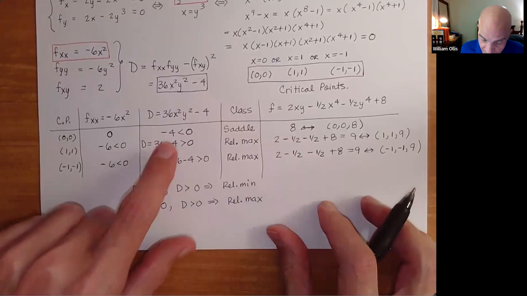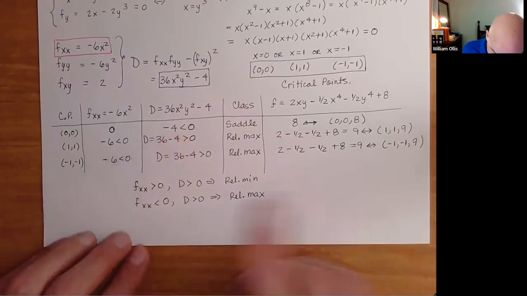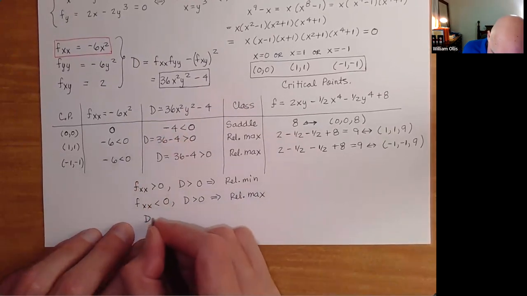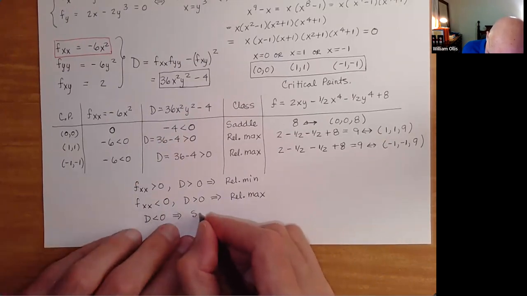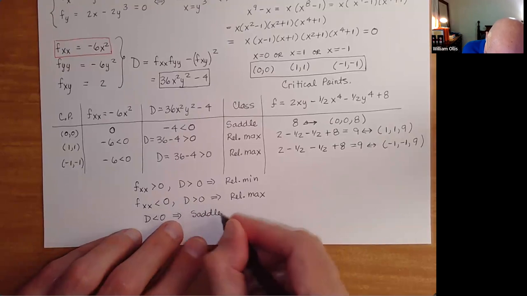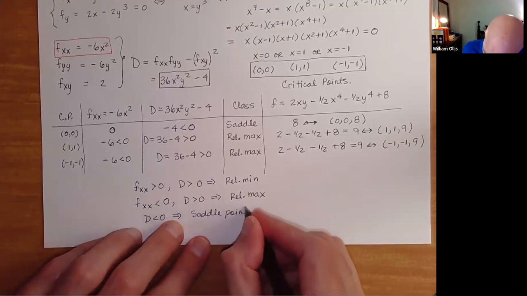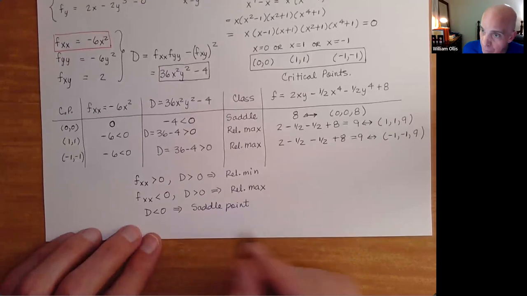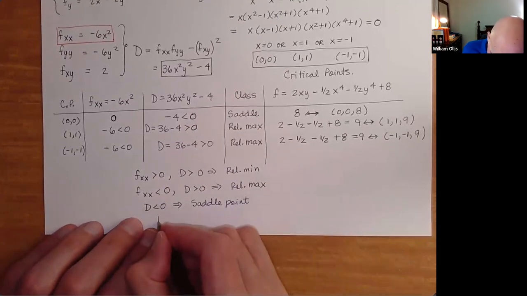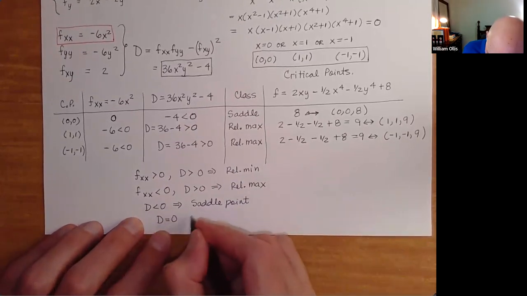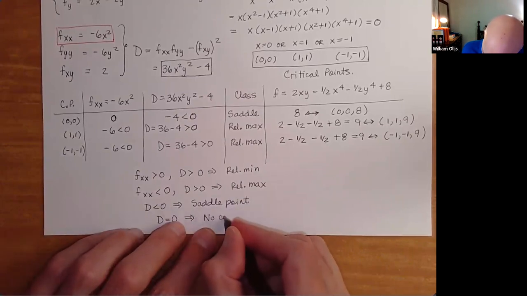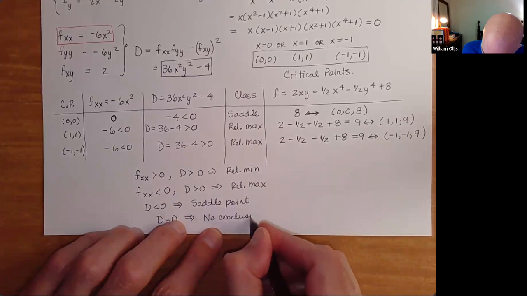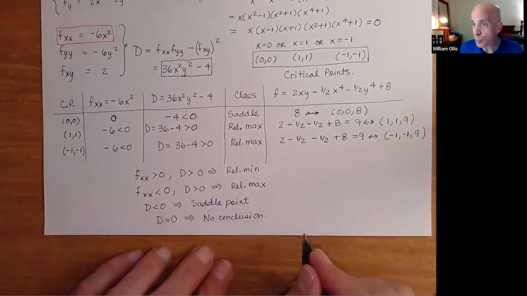Now, the case that's actually important for the saddle is when D is less than 0. This implies the saddle point. And then one drawback to the test is that when D is 0, there is no conclusion. But this is no different from what you get in Calculus 1 when you're trying to employ the second derivative test.